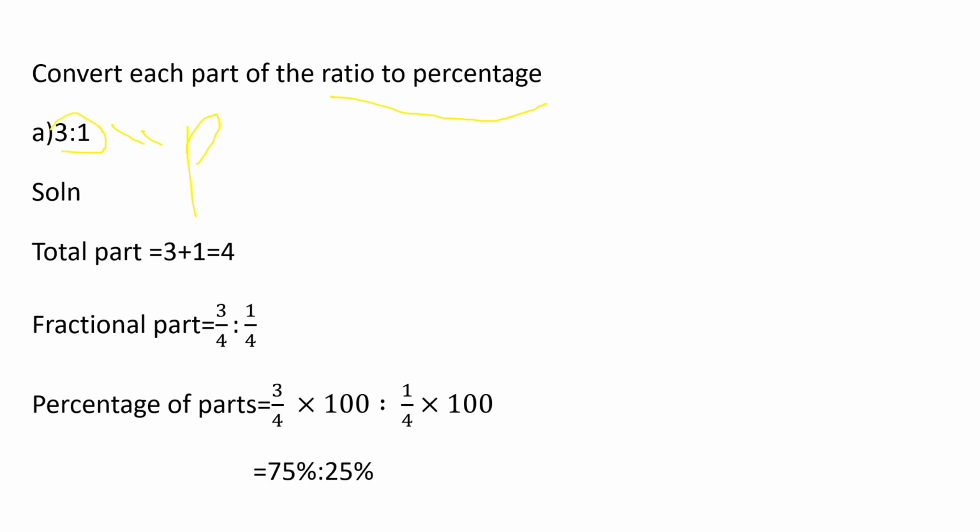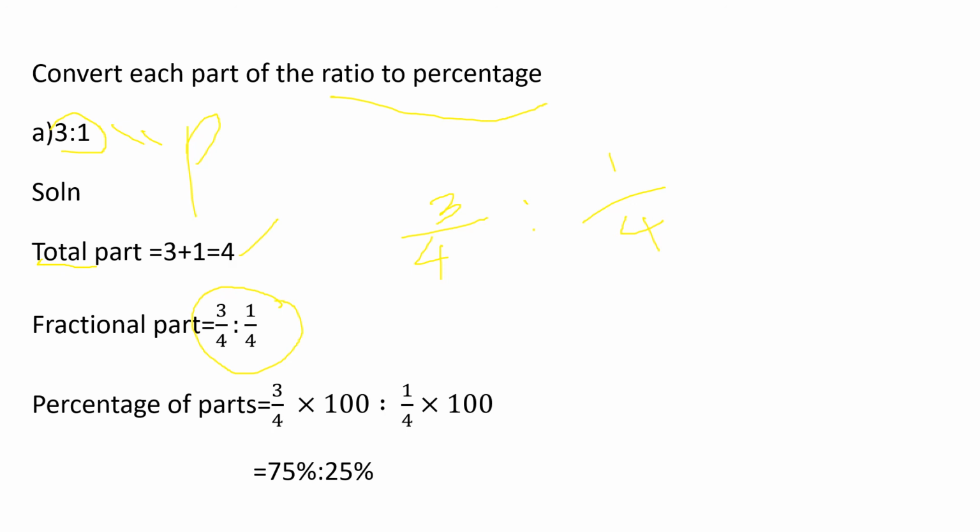Total parts 3 plus 1, what is the answer? You get 4. So out of 4 you have 3 in the first part, and in the second part out of 4 you have 1, right? This step you will write down.